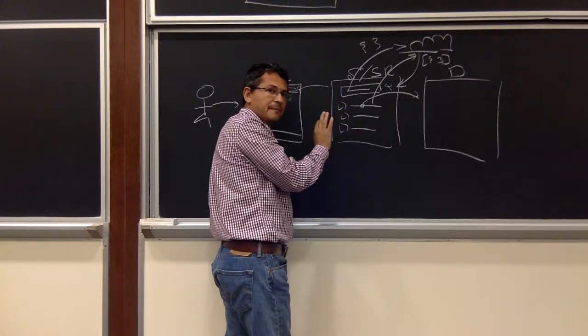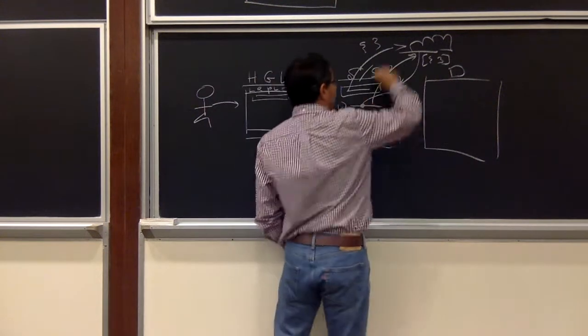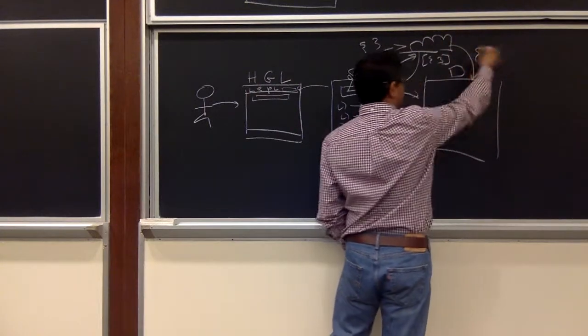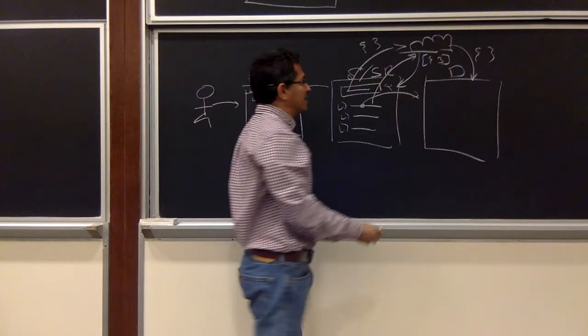So you go out, and then you come back with the detailed information. It comes back as a bigger object, and you dynamically render it here.